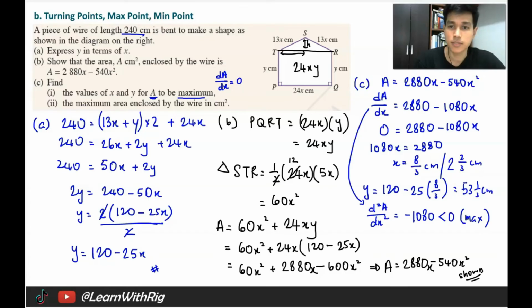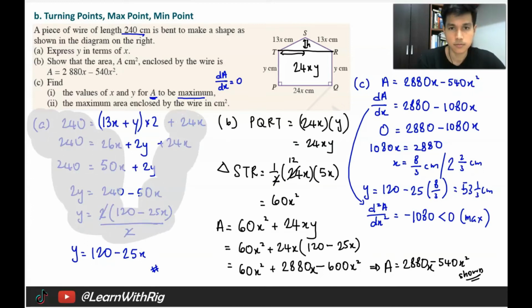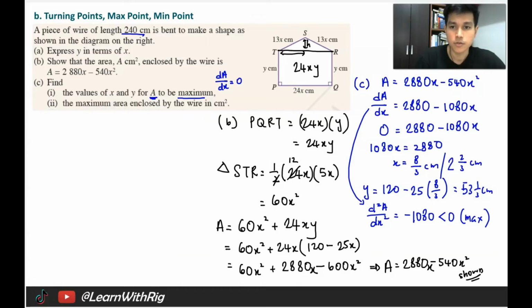Question C2, find the maximum area enclosed by the wire. Now they want to find the maximum area, which you have already gotten the formula for. All you have to do is substitute the x value. I've got no space anymore, so I'm going to erase this part and write here. Question C2, you want to find the maximum area.